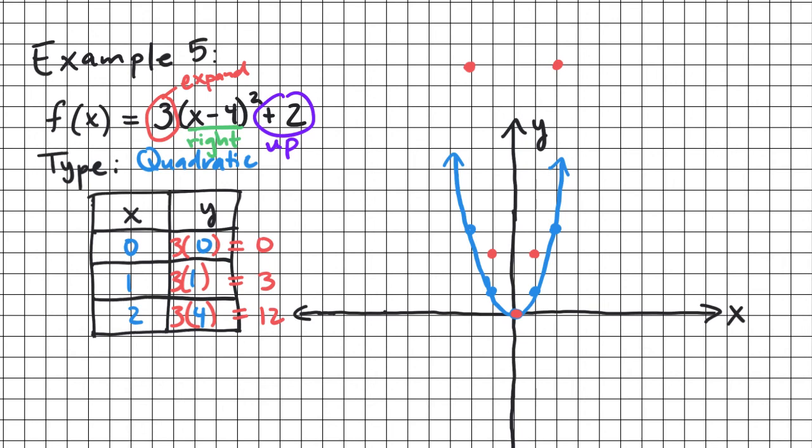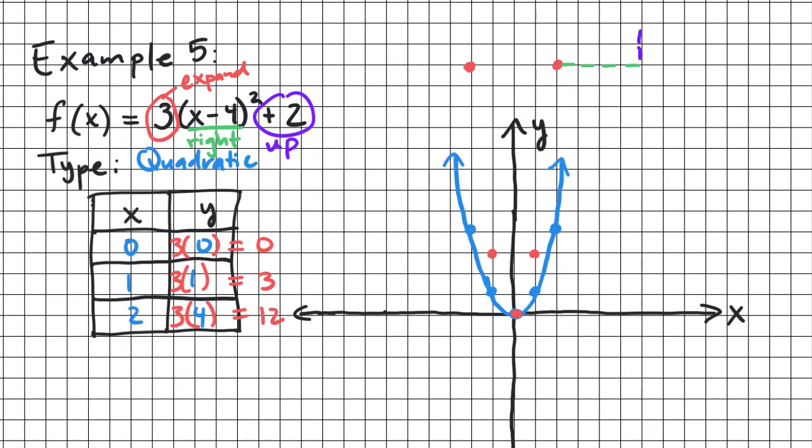So the transformation, or I mean the translations, we have to go to the right 4. 1, 2, 3, 4. Actually, let me move this point first. So we're going to do 1, 2, 3, 4, and 2 up.